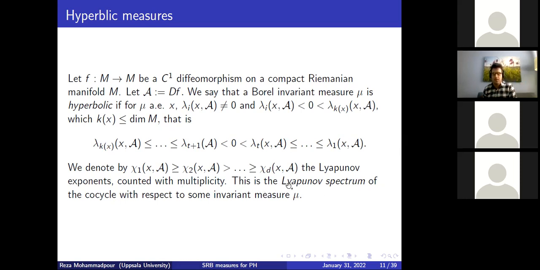That's the Lyapunov spectrum of the cocycle with respect to some invariant measure. The lambda is defined by Oseledets, and the chi is the Lyapunov exponent counted with multiplicity, the multiplicity being the dimension of the Oseledets space.